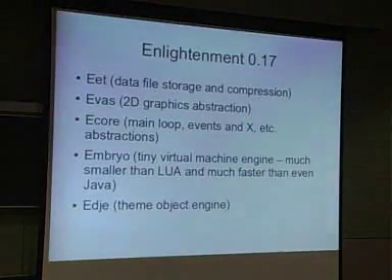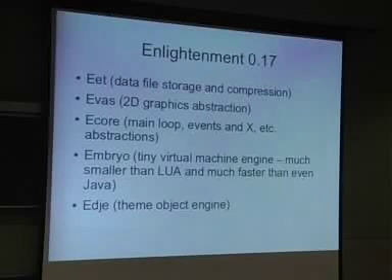I like that. Evas, the 2D rendering engine. There's Ecore, which plugs things together and provides abstractions to X, and saves you a bit of time and effort with file operations and so on. Embryo is this nice little virtual machine which is built on Small. It's actually really, really tiny. It's about double the speed of Java's JVM when it does interpretation, not just in JIT.